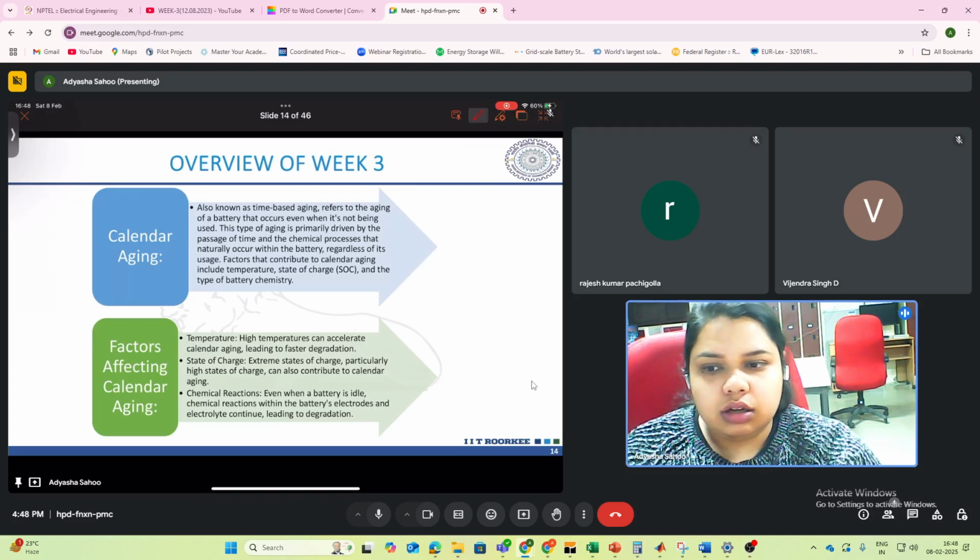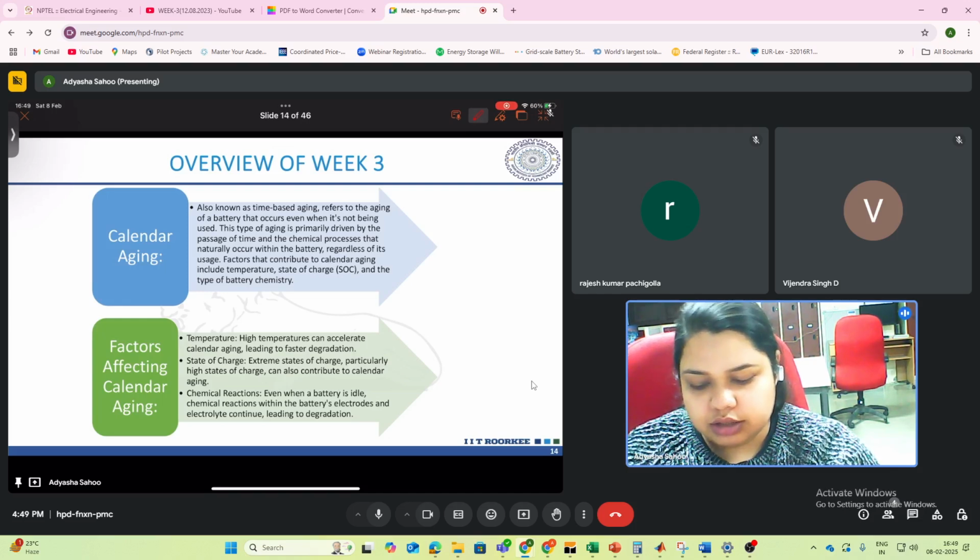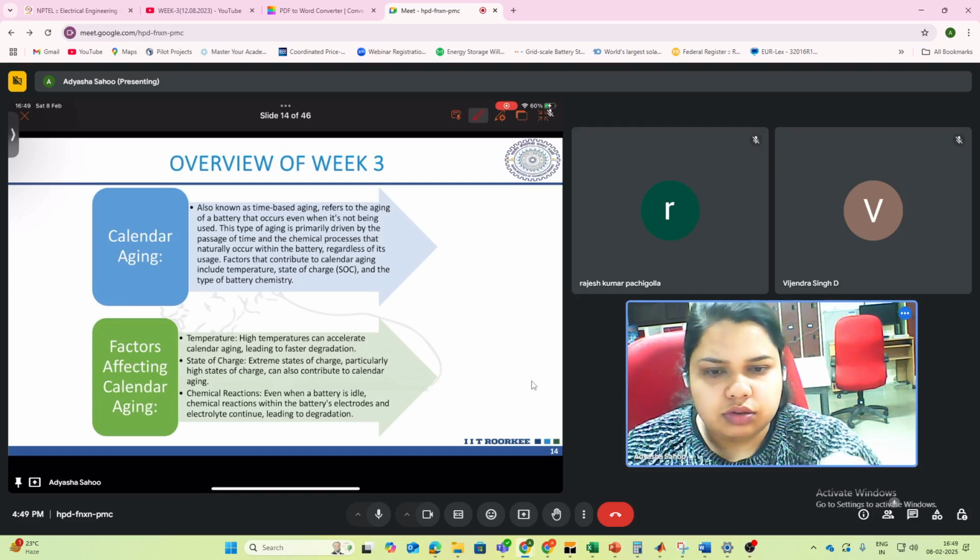Keeping the battery at extreme higher SOCs will also accelerate the aging of the energy storage. And lastly, these chemical reactions that I mentioned are always taking place even if you are not using the battery, because there will be some metal corrosion and so on, due to which there will be degradation of the battery.